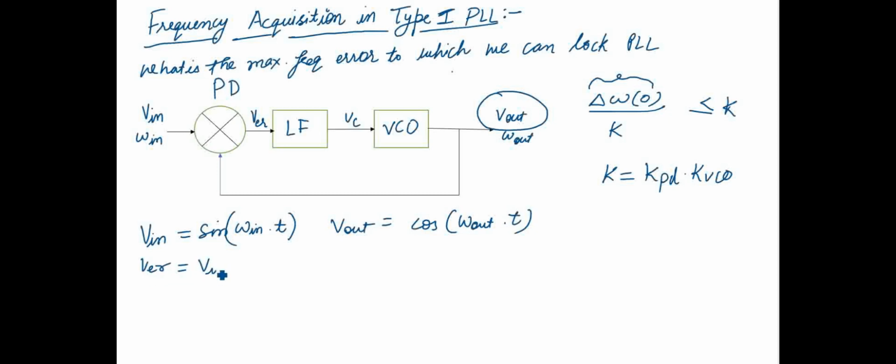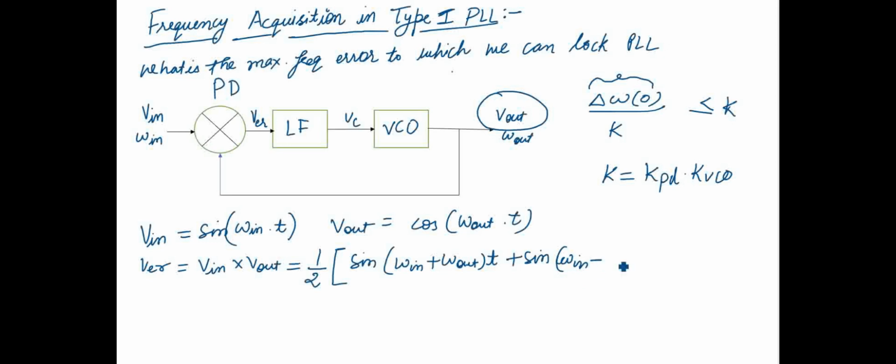V error will be equal to V in times V out, because V error is the multiplication of V in and V out. After multiplication, the result is half sin (ω_in plus ω_out) t plus sin (ω_in minus ω_out) t.